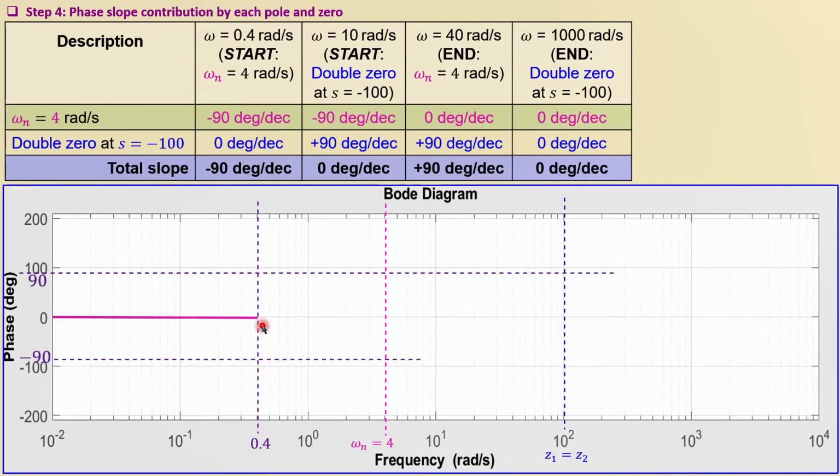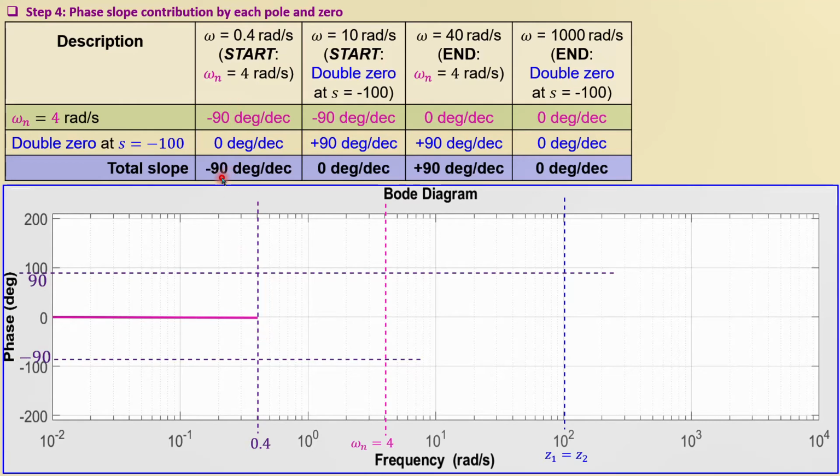First start with the 0 phase, because we start with 0 degrees. In this case there's no phase inversion due to the gain of the system, because there's no minus sign before the transfer function. You can also see that if you look at the transfer function itself. From lower frequency up to 0.4, that is just 0 degrees.